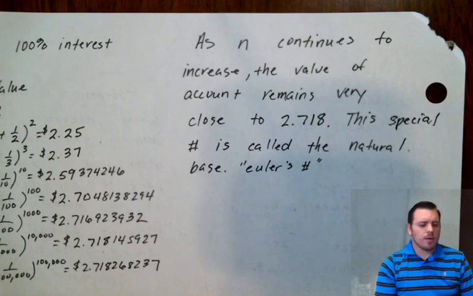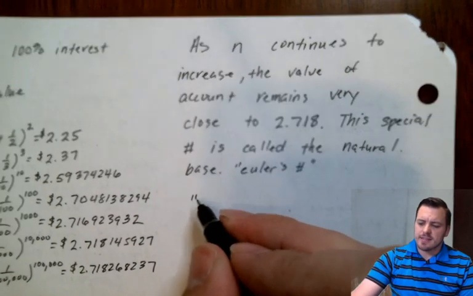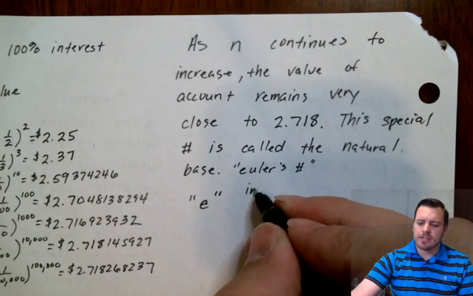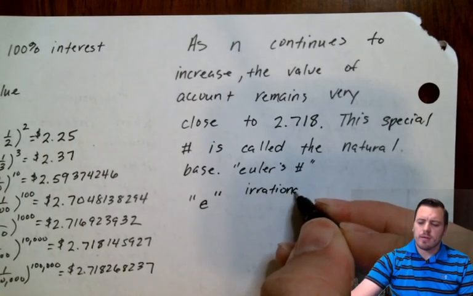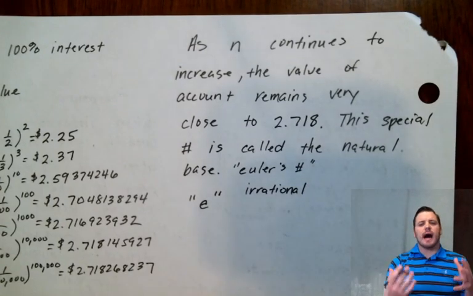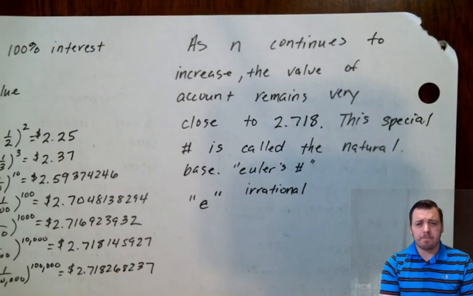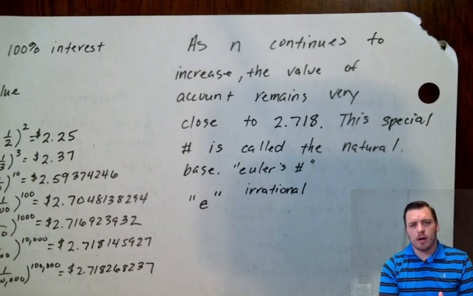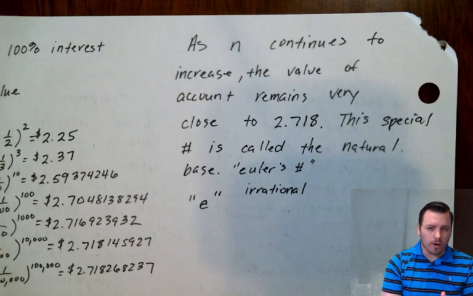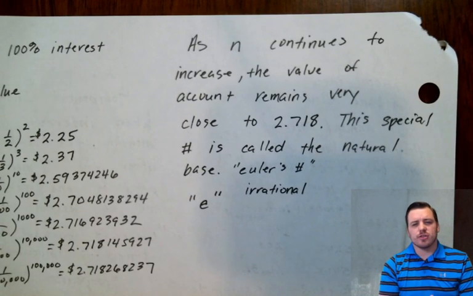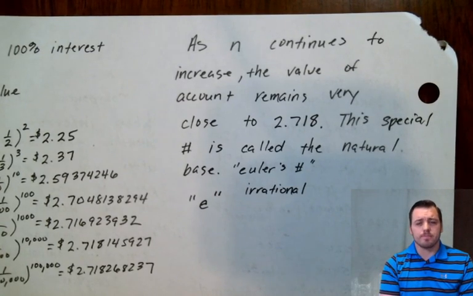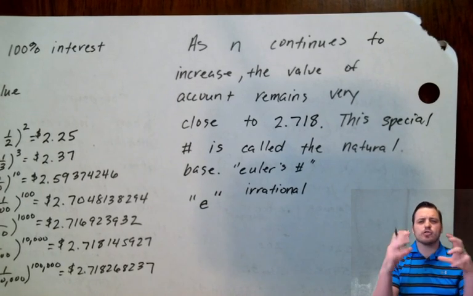Okay? It is what you will see as E. This number is irrational. Another famous irrational number is pi. Now, most of you guys know that pi is 3.141592654. And that's just a certain number of digits after 3.14. But most everyone knows 3.14. All right? That's pi. Pi deals with circles.